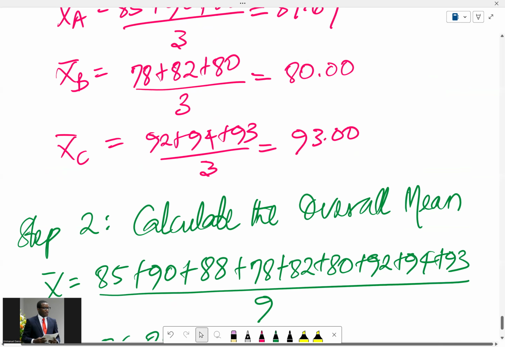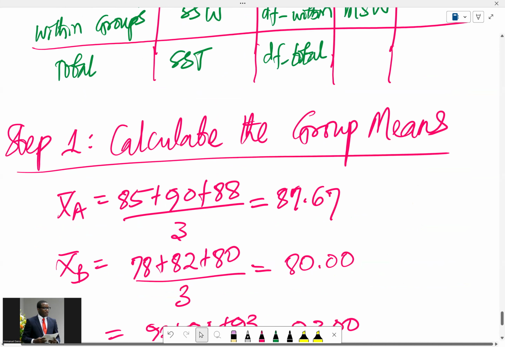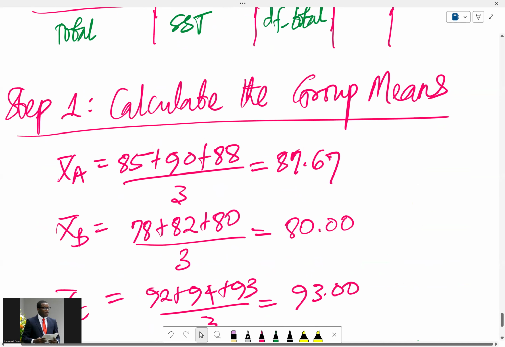Of course, another way to check that is you can add those three averages you already had and divide by 3. So we have 86.67 plus 80 plus 93 divided by 3.